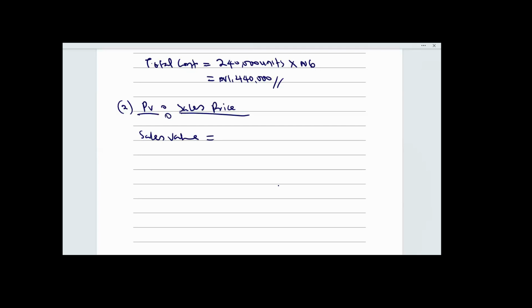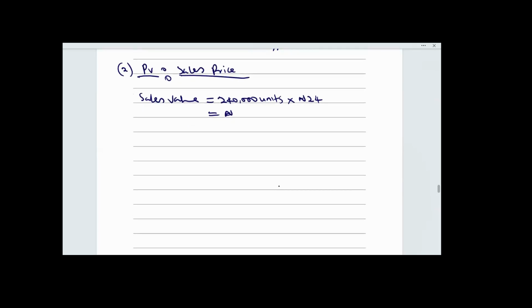So sales value is number of units of 240,000 multiplied by selling price of 24 naira. So the total sales would be 5,760,000.